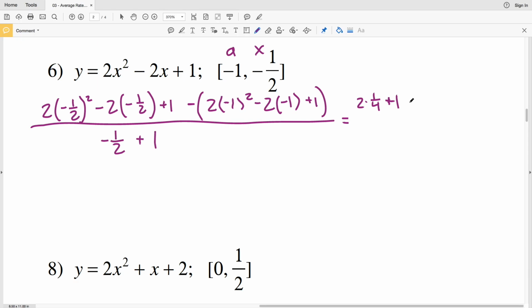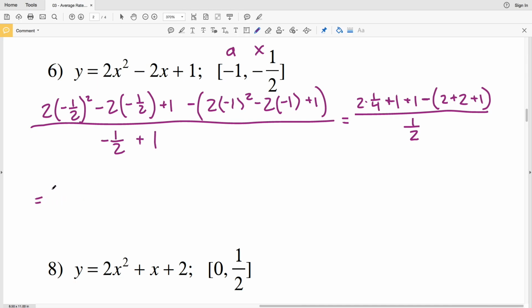So that'll be plus 1, and then I'm adding 1 again, and then I'm subtracting the quantity 2 times negative 1 squared, which negative 1 squared is a positive 1, and 1 times 2 is 2, and then I'm subtracting 2 times negative 1, which will be adding a positive 2, and then I'm adding that to 1. And that's all over negative 1/2 plus 1, which is a positive 1/2.